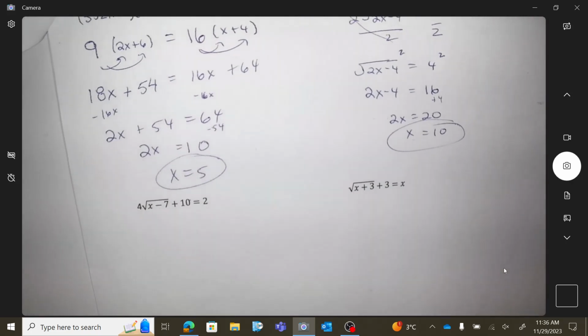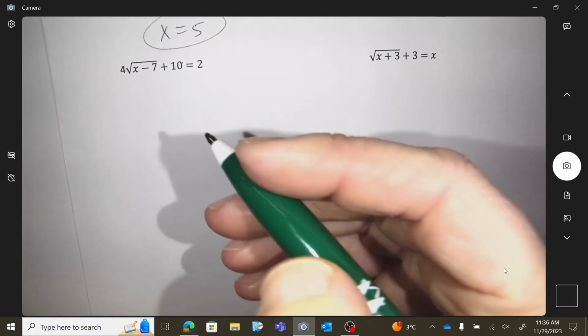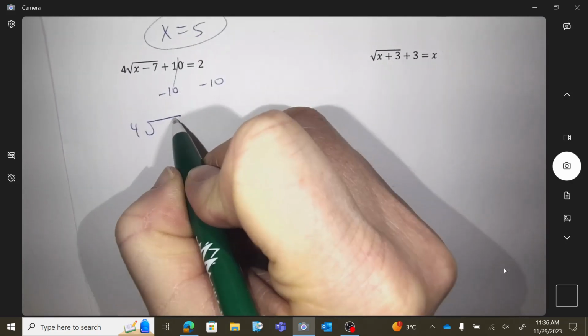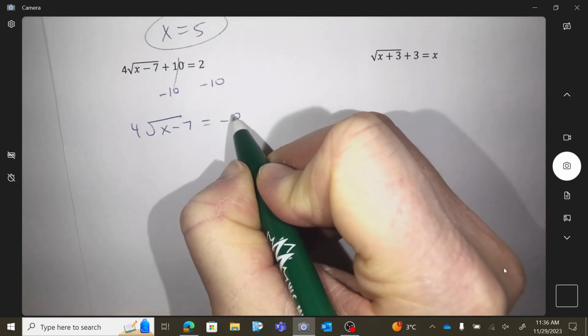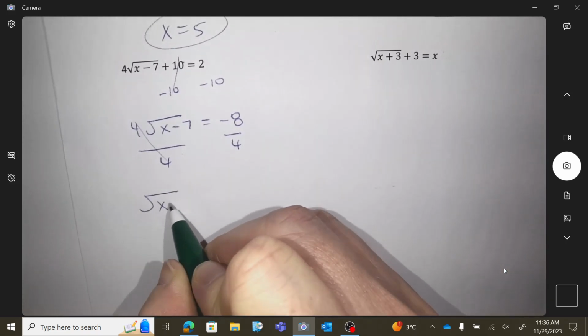Okay, this one is very similar algebra. So same algebra moves here. I can do a minus 10 out, and a divide by 4 out.